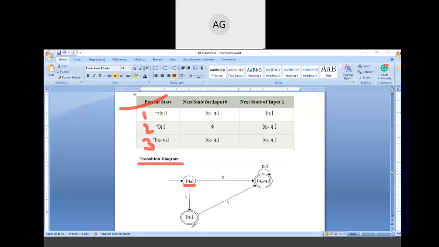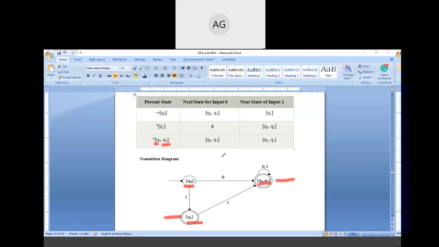Then Q1 is a final state, and Q0 Q1 is also a final state, because wherever the final state lies, all those states become final states. Here the Q1 state lies with Q0, so this state will also become a final state. So in the DFA we have two final states: one is Q1 and the other is Q0 Q1.